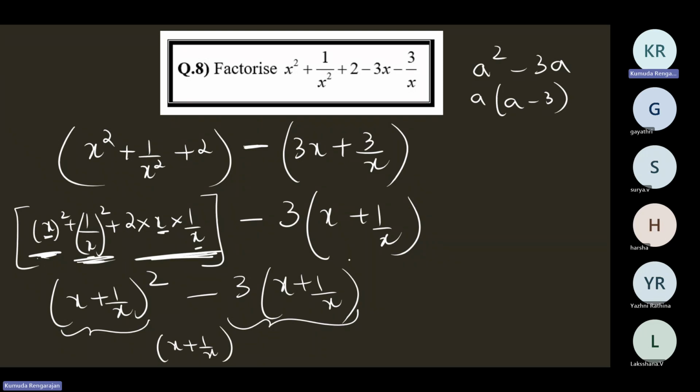So in the bracket, the first term is x plus 1 by x the whole square, but you have taken out x plus 1 by x common, so another x plus 1 by x in the bracket. And this one is out common, so minus 3.